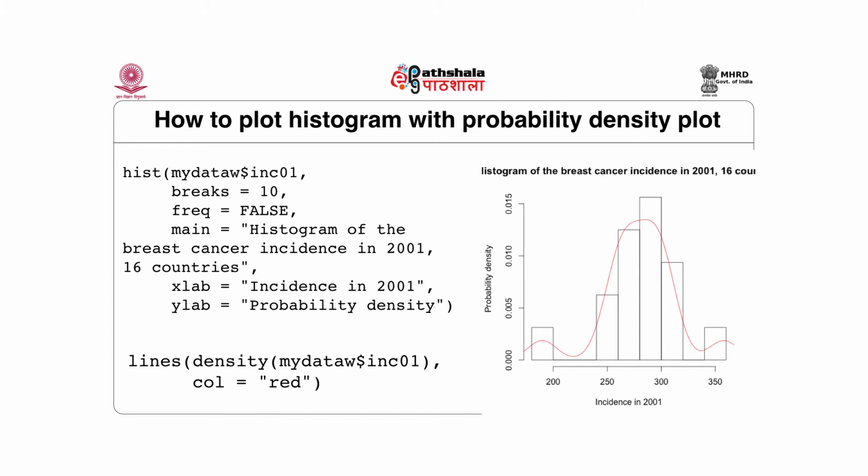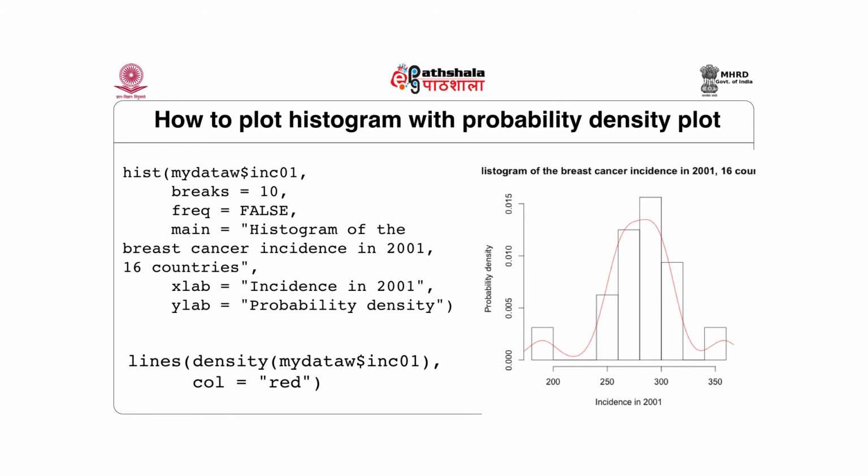The function that you should use in order to draw histograms in R is the function called hist, H-I-S-T. And then note the biggest difference between a histogram and a bar plot. In a bar plot, you have to construct a table, or you have to give aggregate data to the program.